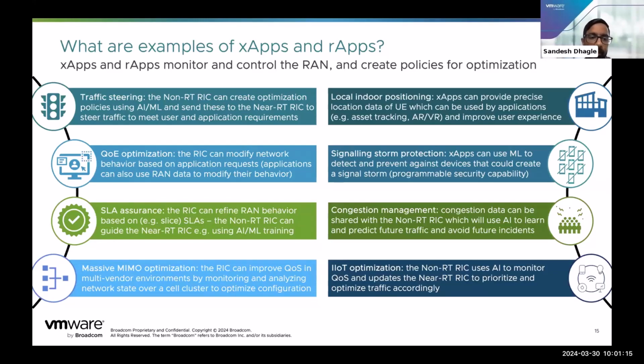If there are a lot of subscribers, you have to ensure that all of them get the best possible network experience, whatever they are using the network for. So it's more like usage-based optimization.